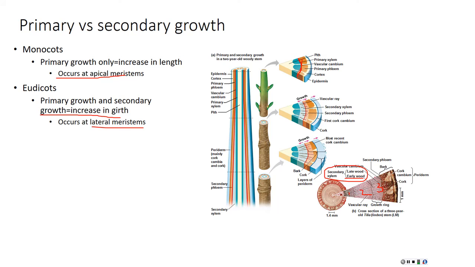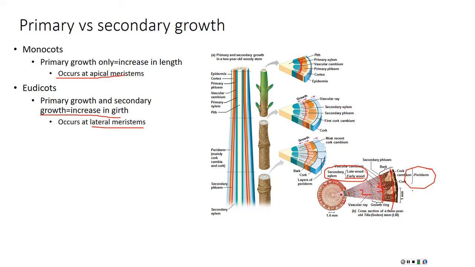Okay, so you want to make sure you can identify the vascular cambium, which would be right here, and also another lateral meristem called the cork cambium. The cork cambium puts on these cork cells to the outside only. These are waterproof, very tough cells. We call it the periderm. It's what's going to replace the epidermis in woody eudicots.